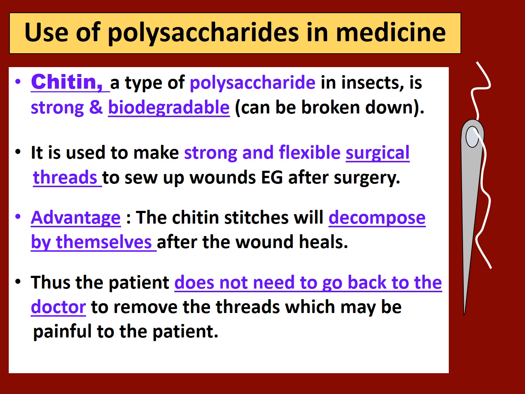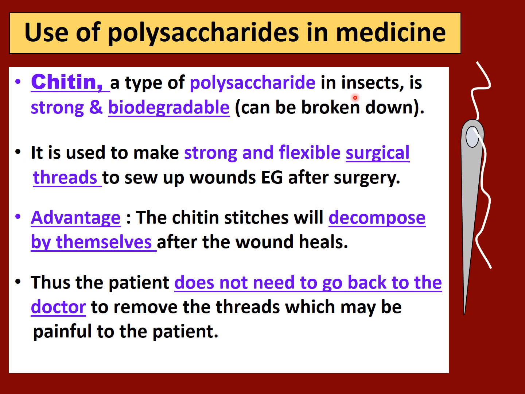Let's study the use of chitin. Since it is mentioned in the textbook, it may be asked in the HOTS questions also. Now, the use of polysaccharides in medicine. Chitin is a polysaccharide found in the insects' shells and the outer shell of the crab and prawns and of other arthropods.